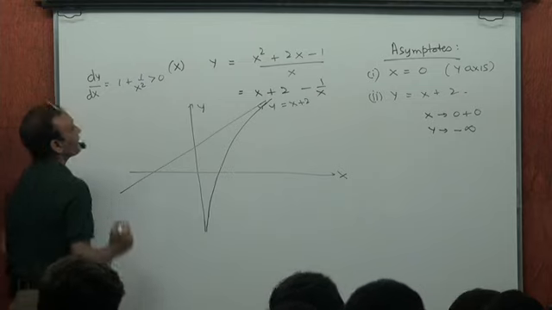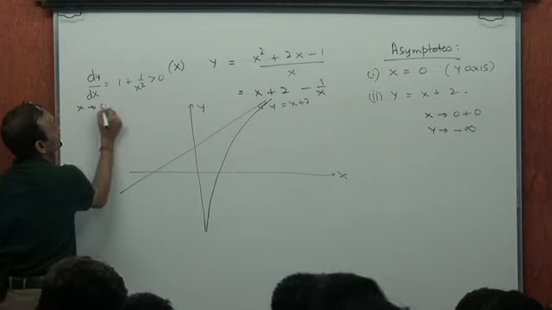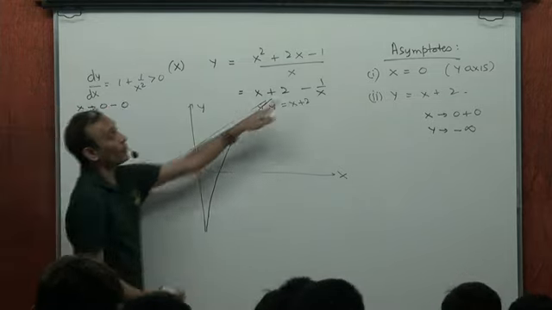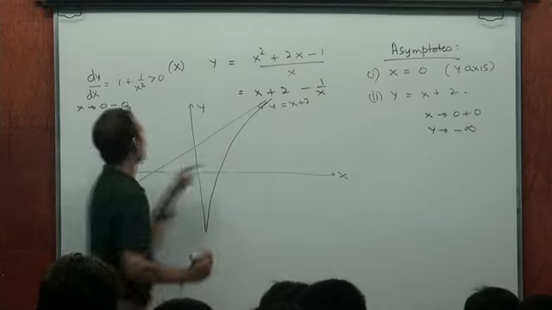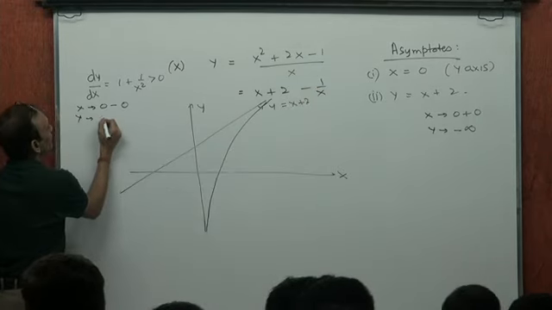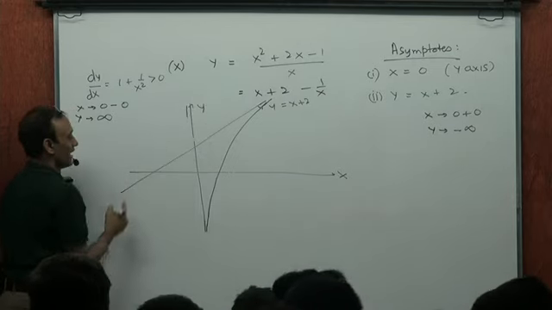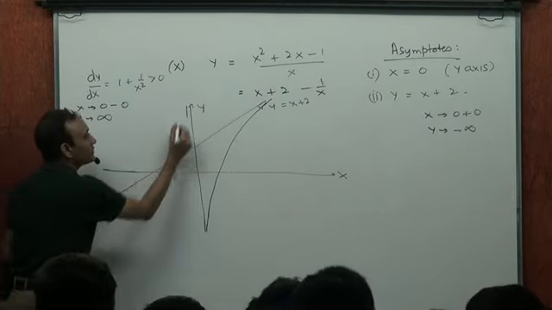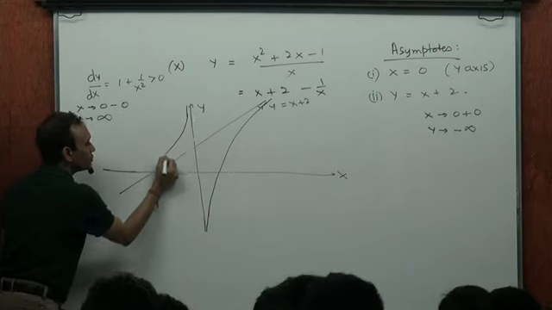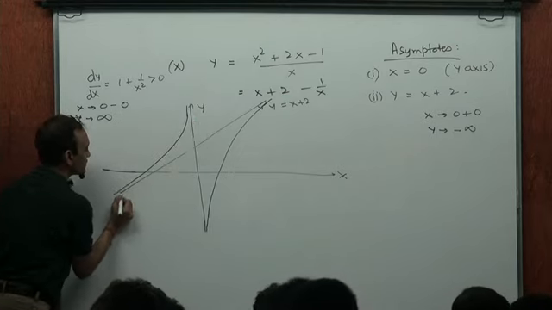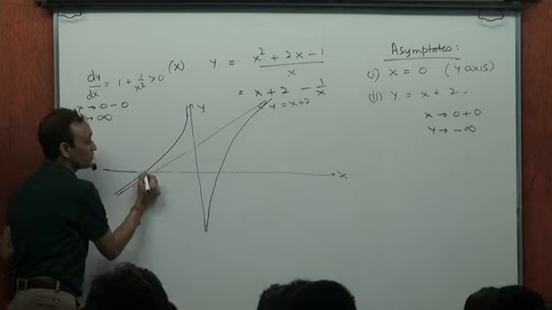Yes or no? As x tends to 0 from the less than 0 side, y will tend to plus infinity. So we'll expect something like this. And this being the asymptote, in order to produce monotonically increasing behavior, this is what would happen. And this would be the second root.